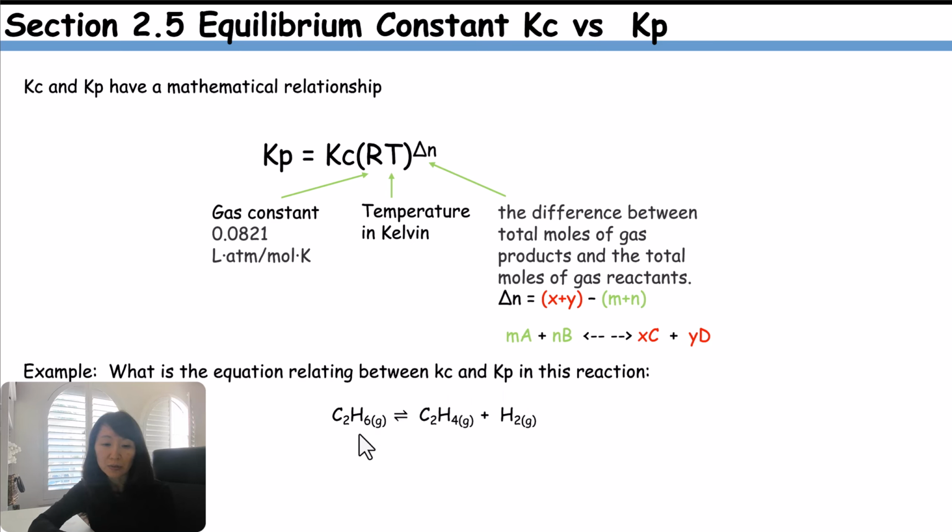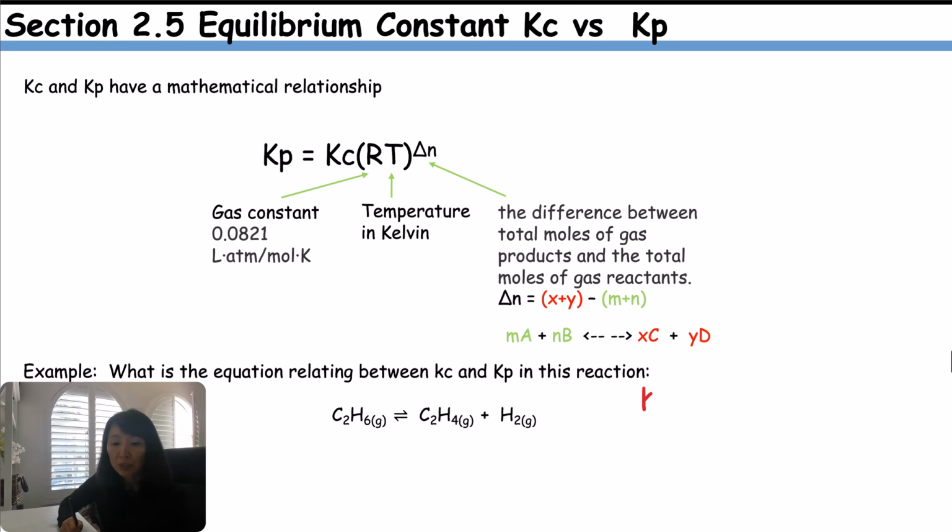So you see this reaction, C2H6 going into C2H4 and hydrogen gas. So let's kind of set this up. The relationship between Kc and Kp, let's use the equation that is shown above, which is Kp is equal to Kc (RT) to the delta N. Kp is the equilibrium constant for pressure.